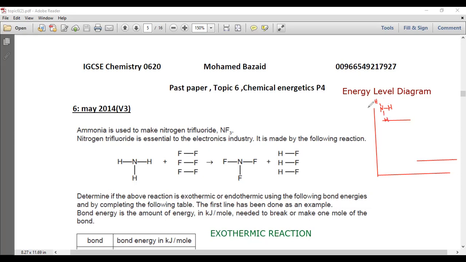F bond F, plus F bond F, and here F bond F, and here F bond F. So you just write the reactants at the top. Down, what should I write? The products.